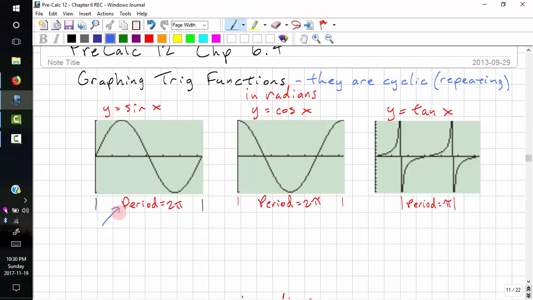And again, this is the length it takes to repeat. You want to note here, this is the vertical asymptote, and it's an NPV, so not in domain.